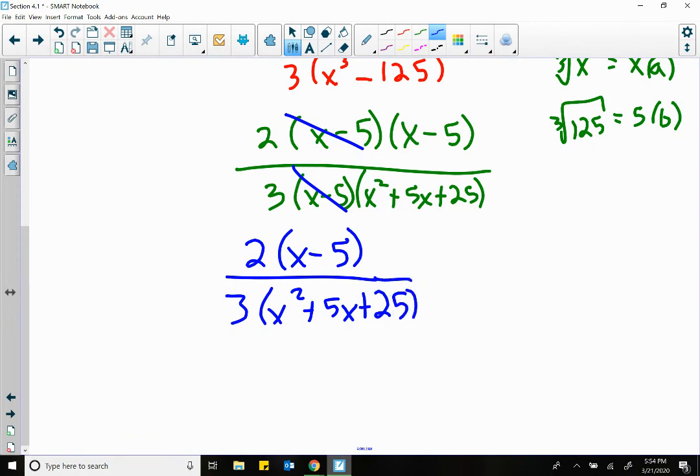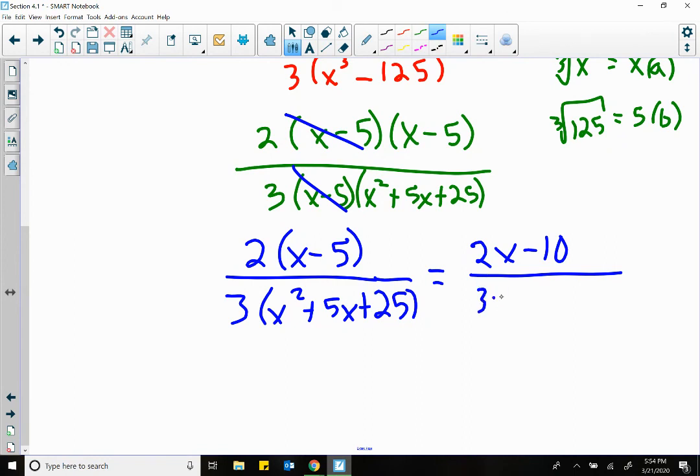This answer is perfectly valid, but sometimes people like to actually FOIL everything out and get what the real polynomial or rational was. So people would distribute the 2 through the top and get 2x minus 10, and put that over, taking the 3 through the parentheses down below.